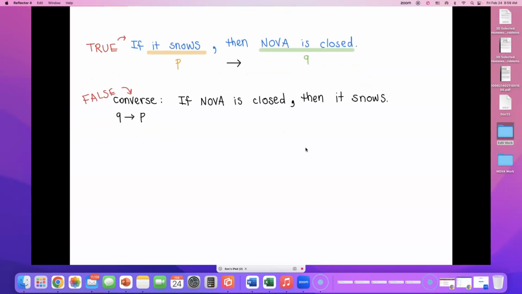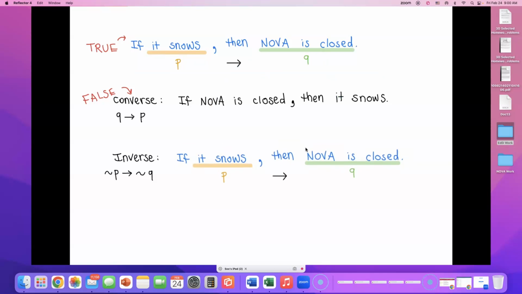Now, let me show you how to write the inverse. Okay, inverse. Inverse means you will have to negate both P and Q. Okay, negate. See that squiggly line means not. So you keep these in the same places. P and Q stay in the same places. See, I may even do this. I'm going to just copy this, okay? Take a look. I'll duplicate this statement.